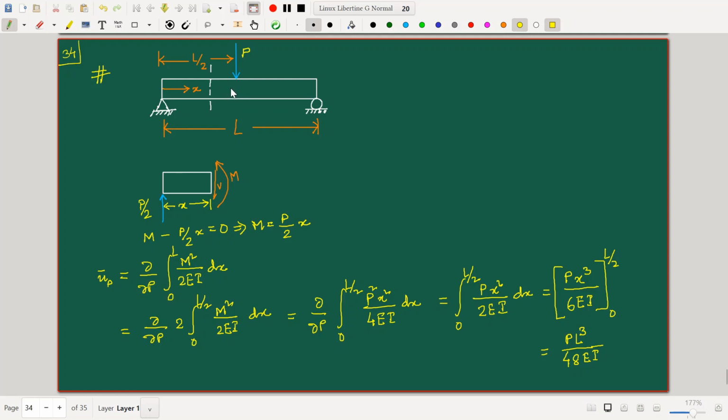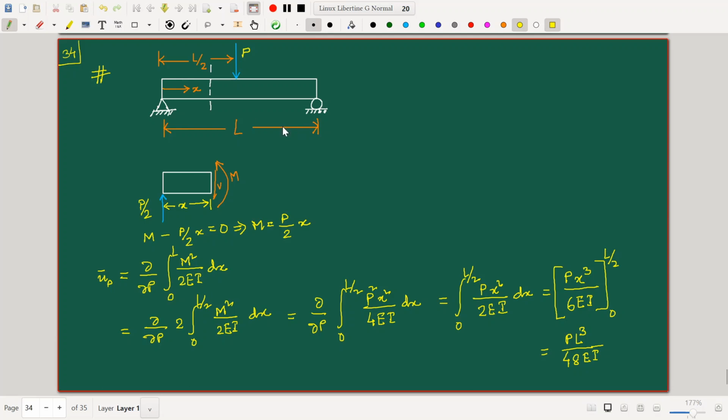What I will suggest is that once you get familiar with that method, and I suspect quite a few of you already know it, those who are not that familiar can go on to apply it to this more general case where P is situated not at x equal to L by 2 but at x equal to A. The method I'm talking about is basically using something called the singularity function or the Macaulay bracket.